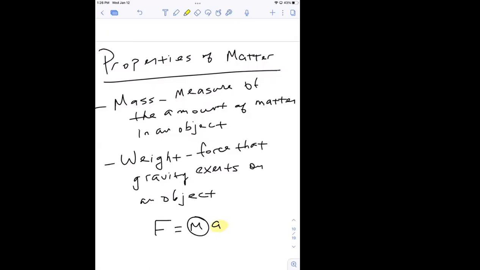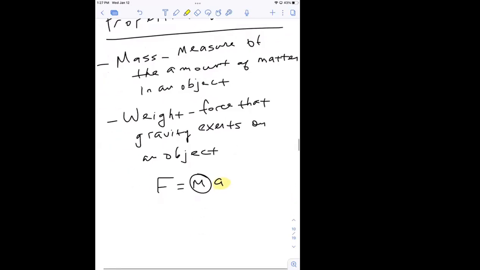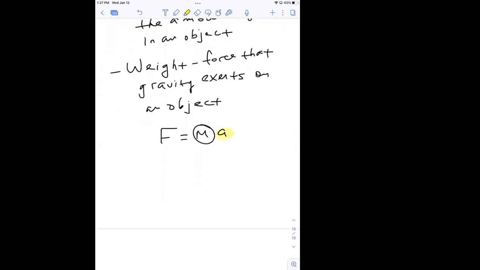All right. So the question is, are mass and weight the same? And the answer is no. Weight changes. Your weight can change based on the gravity in your environment. If you're on the Earth, your weight may be one thing.